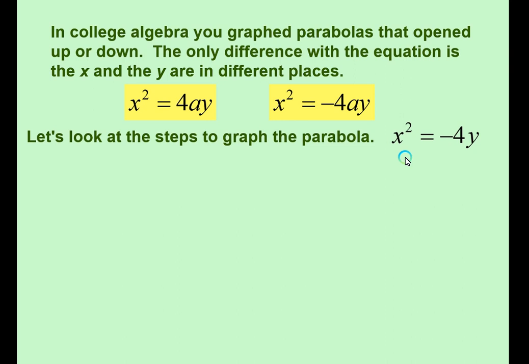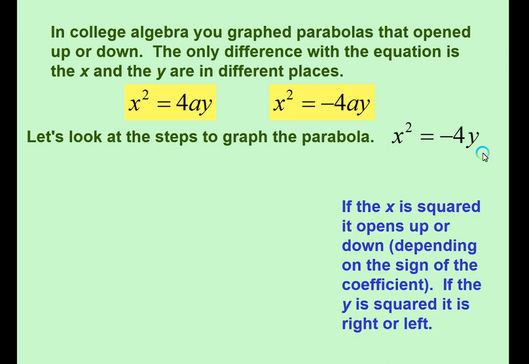What will determine the direction of your parabola? Again, what will determine it is the sign of your coefficient, or the sign of your linear values here. If it is negative, it is opening downward. If it is positive, it is opening upward. What direction does this open now? We have x squared is equal to -4y. If x is squared, it opens up or down, depending on the sign of the coefficient. If y is squared, it opens to the right or to the left.